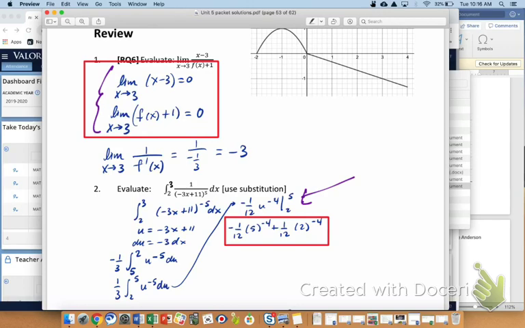Good question. Right here is what I did, this might be where you're looking. I mapped x equals 2 to u equals 5, and x equals 3 to u equals 2. Then I noticed that the order of my integration was from right to left instead of left to right.